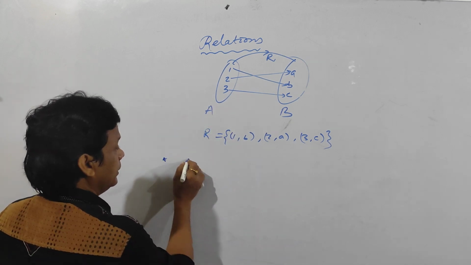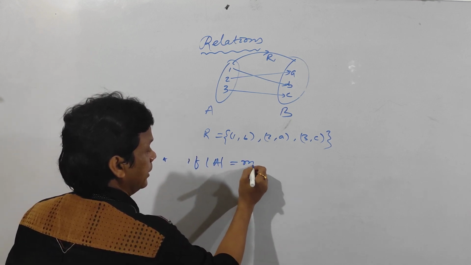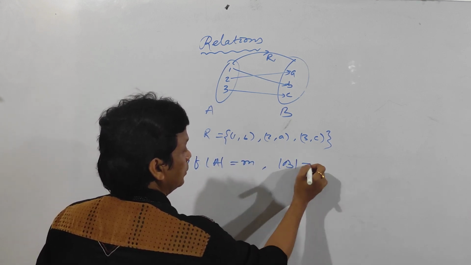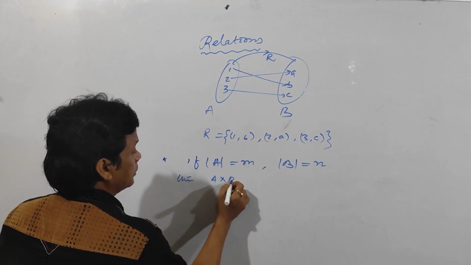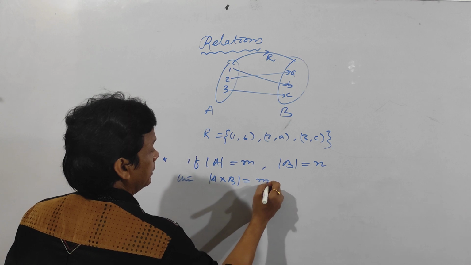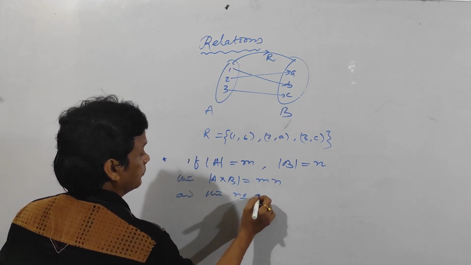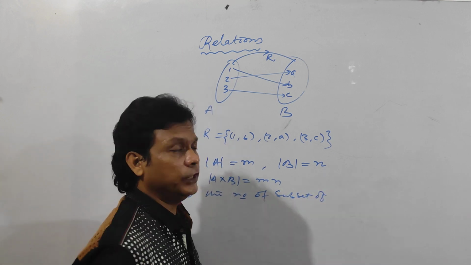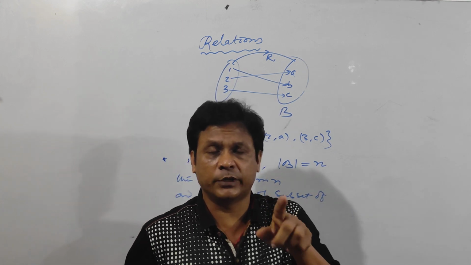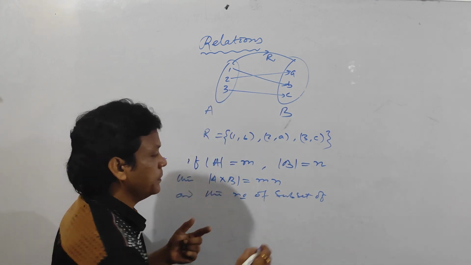That means if the cardinality of A is m and the cardinality of B is n, then the cardinality of A cross B is equal to mn. I have told you, if a set contains n elements, then the total number of subsets is equal to 2 to the power n. So what is the number of subsets of A cross B?